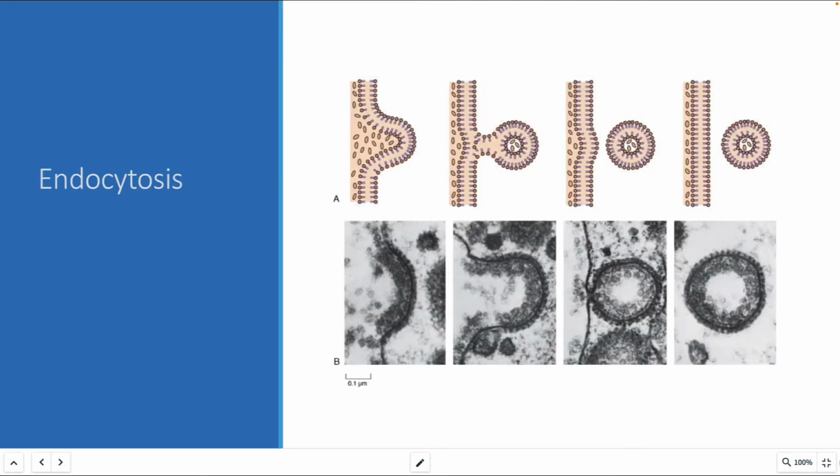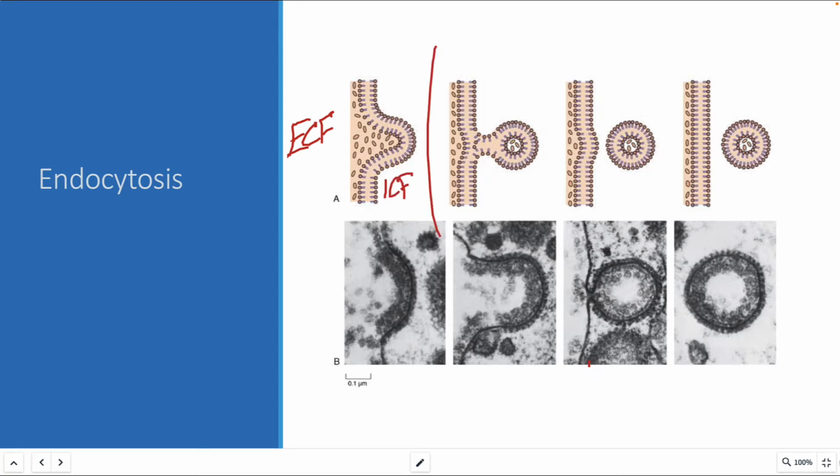Now, in addition to some other ways that we're going to talk about, there's an easy way for substances to get into a cell. And one of those ways is called endocytosis. And that's where we have the extracellular fluid here. So we have the ECF, and here we have the ICF, right?